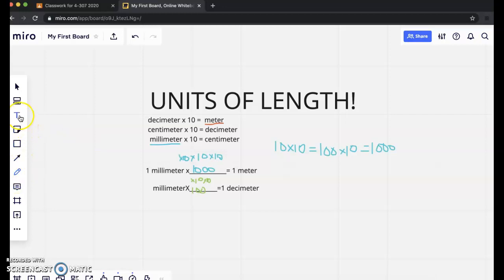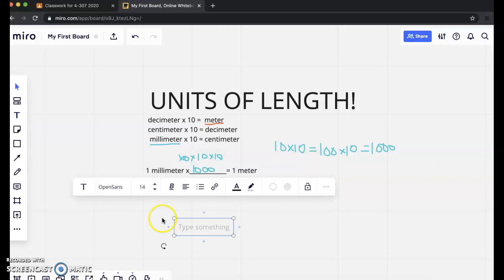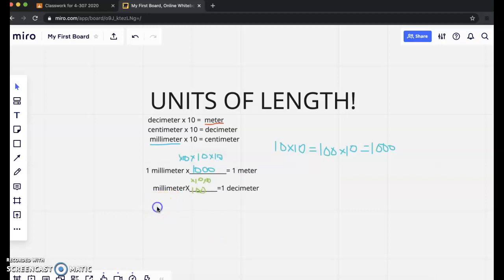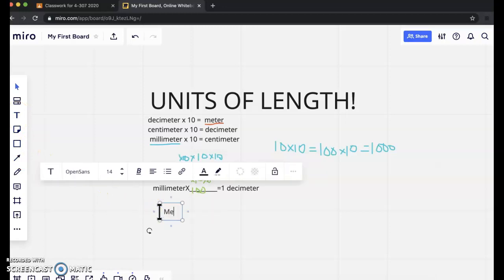And let's say we start with meters, right? And we want to go from meters to, let's say, centimeters, to decimeters.